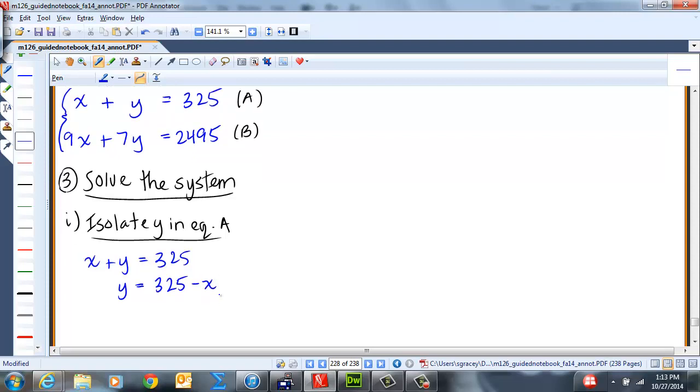And then since we used A to isolate the variable, we need to use that expression for y in equation B. So substitute y equals 325 minus x into equation B. And that will allow us to solve for x.